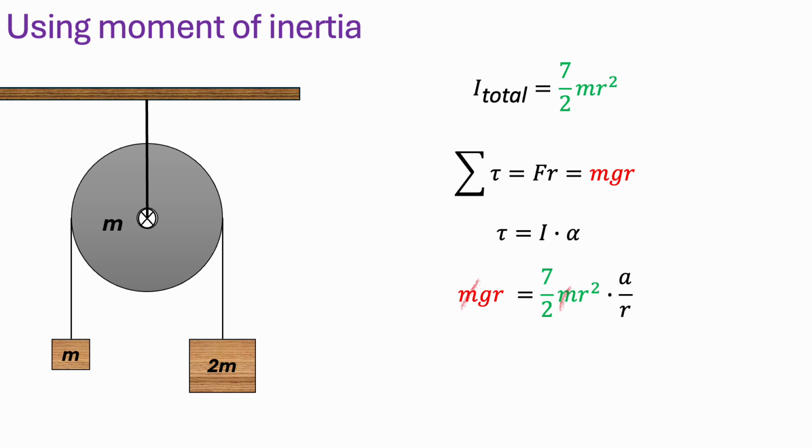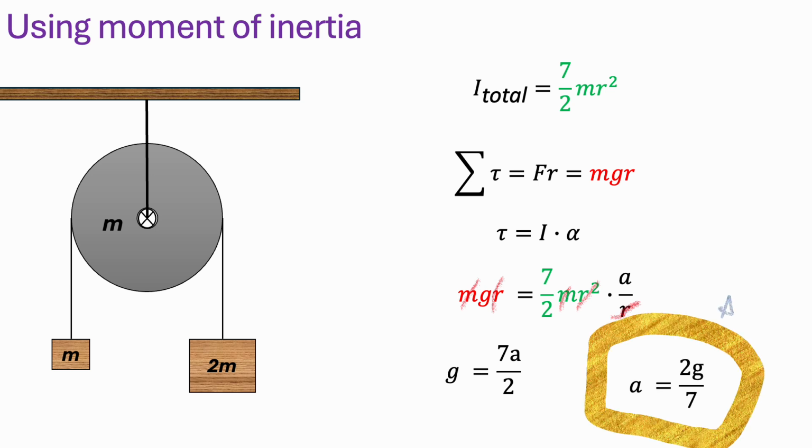From there, cancel out the m's, cancel out the r's, and we're back to here. All we're doing then is rearranging to get the same answer once more. None of these are particularly easy. Well done if you managed any one of them.